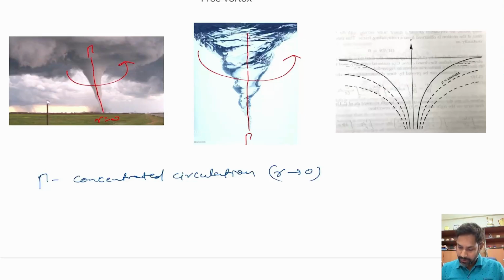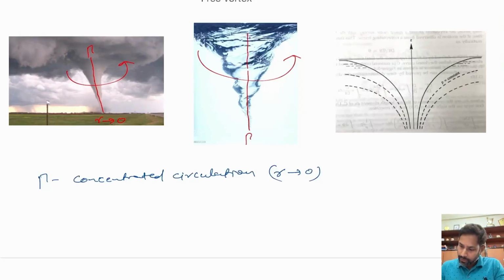That's why this is called concentrated circulation that occurs at r tends to 0, which is more precise. And that is why here also we write r tends to 0, that is the radius.